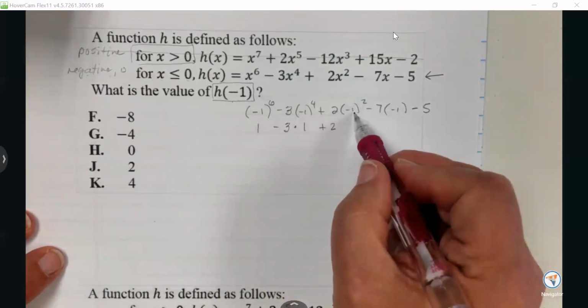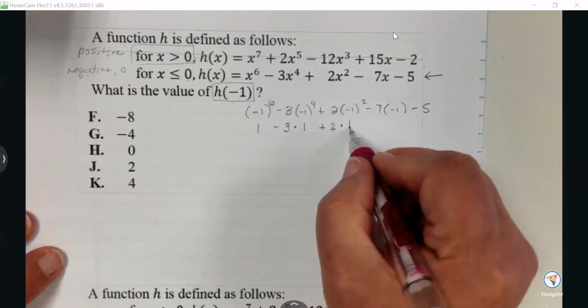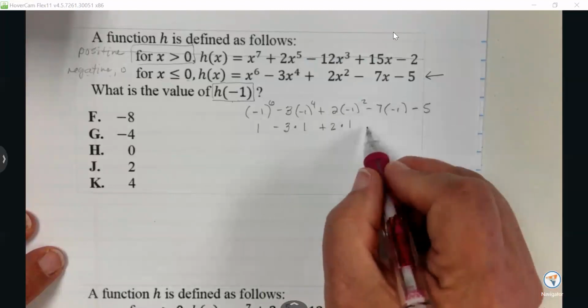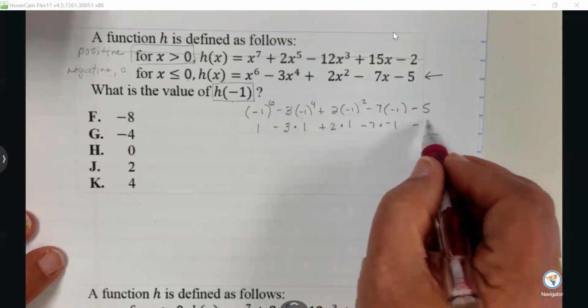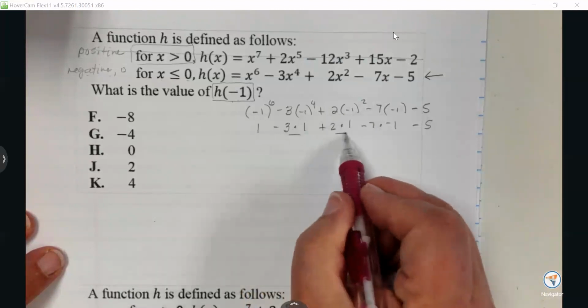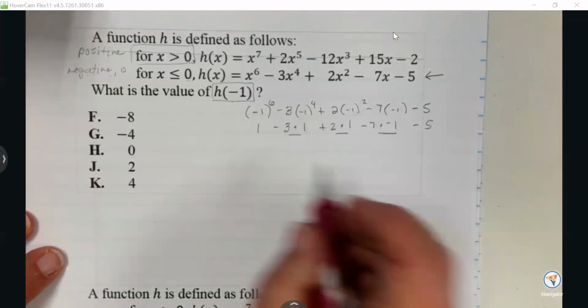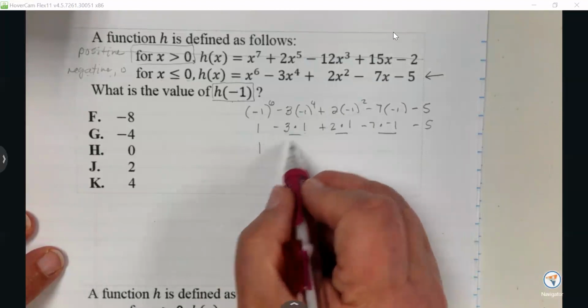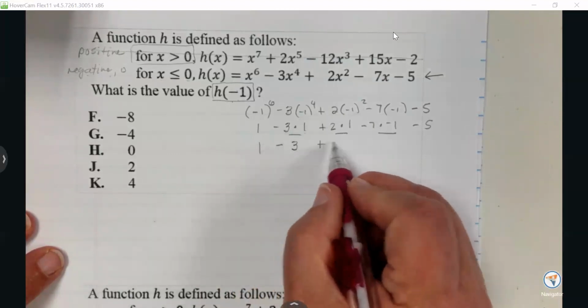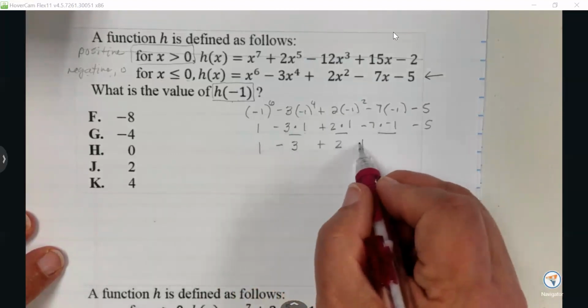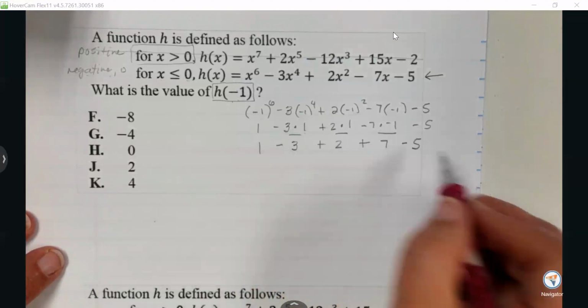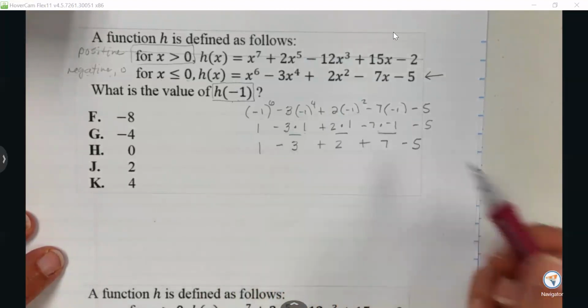Plus 2 times -1 to the 2nd is a +1. And then here I have minus 7 times -1 minus 5. So I need to do these multiplications here and just bring this other down. So I have 1 minus 3 plus 2 plus 7 minus 5, because a negative times a negative is positive.